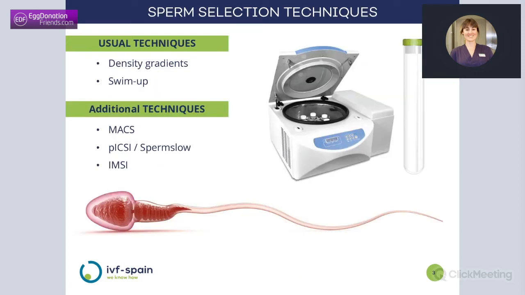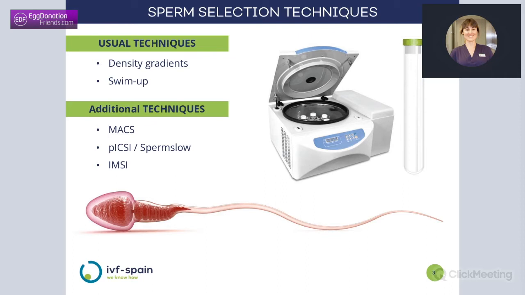So we're going to start speaking about some techniques that are used in the embryology laboratory. Well, it's called a complete guide, but this would be impossible in an hour. So we're just going to make a little summary. At the first step, we could say that the first techniques that are used in the laboratory occur the day of the egg retrieval.